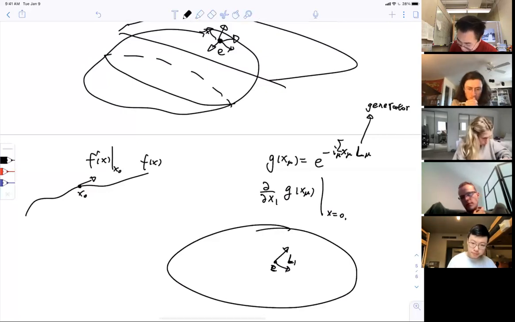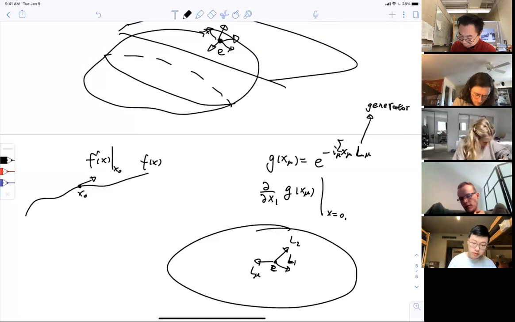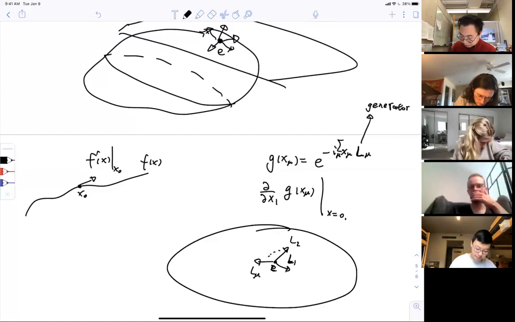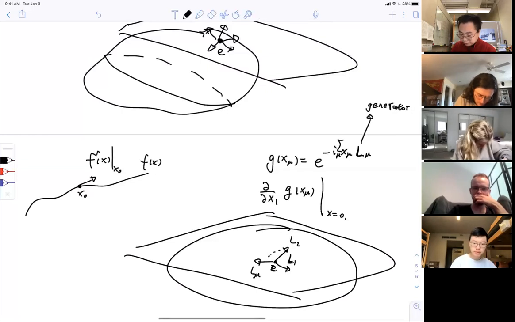Similarly, L2 is also a tangent vector, and in general L mu is a tangent vector at this identity, and the space spanned by these generators is nothing but a tangent plane, right?